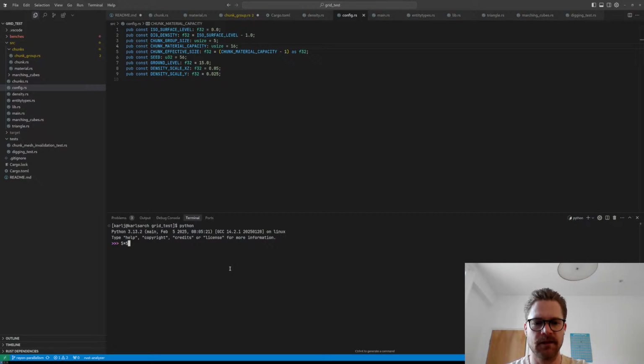How do you do power in Python? Is it this? Yeah. So it's 5 power 3 times 16 power 3.